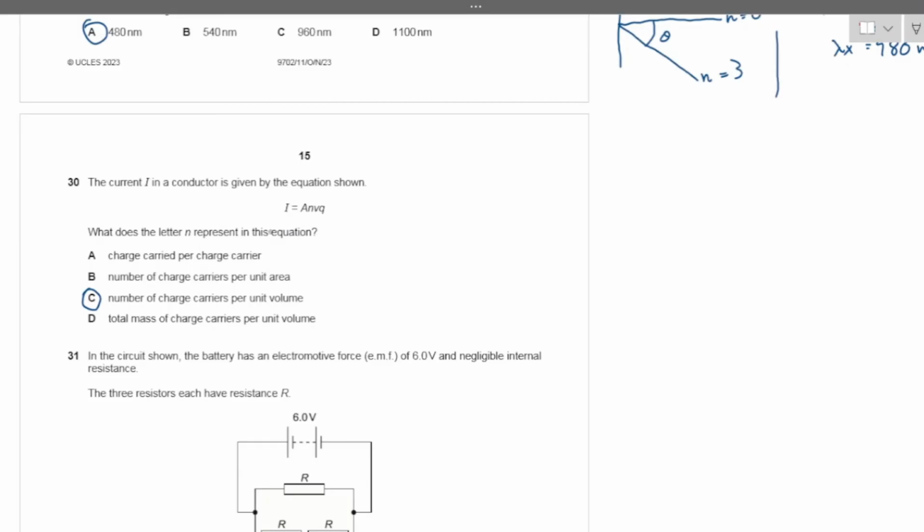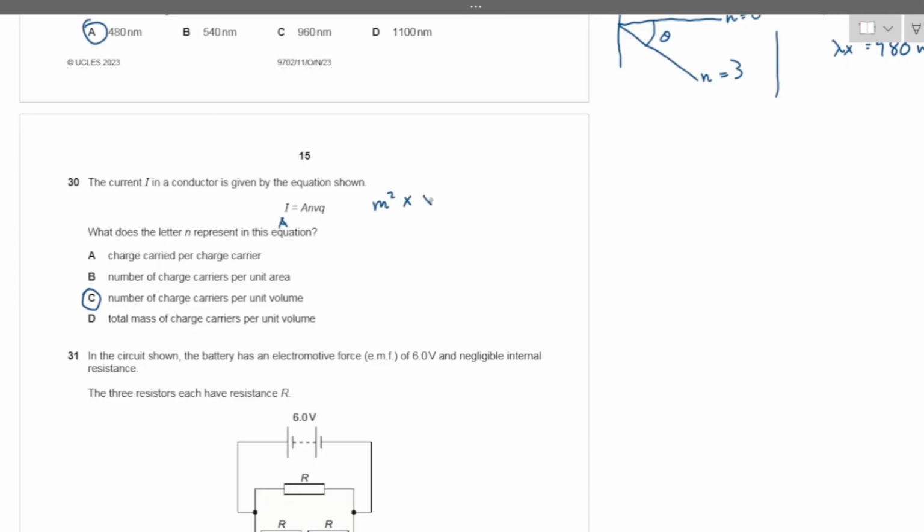And if you cannot figure this out, the best way to work with this is by knowing the units. This equation must be homogeneous first of all, which means that the units must be the same on both sides. On the left side, you have current, which has the unit amps, and on the other side, you have area into n into v into q. Area we know is meter squared, and we do not know n, right?